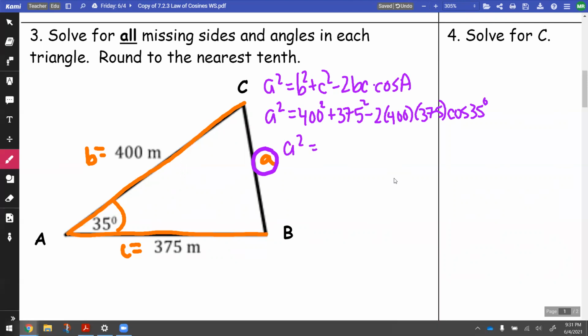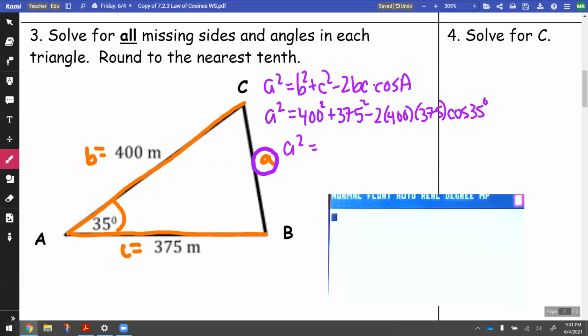And I'm going to put that into my calculator. So 400 squared plus 375 squared minus 2 times 400 times 375 times cosine of 35.